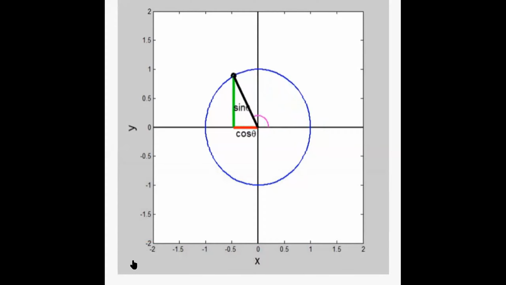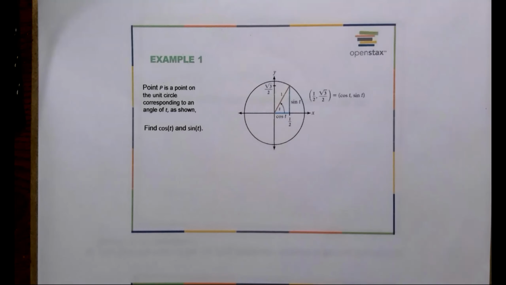And then cosine, x is negative, y is positive. Okay, both negative. And then x positive, y negative. So this is what we're going to be talking about in this section, basically sine as a function of an angle and cosine as a function of an angle.